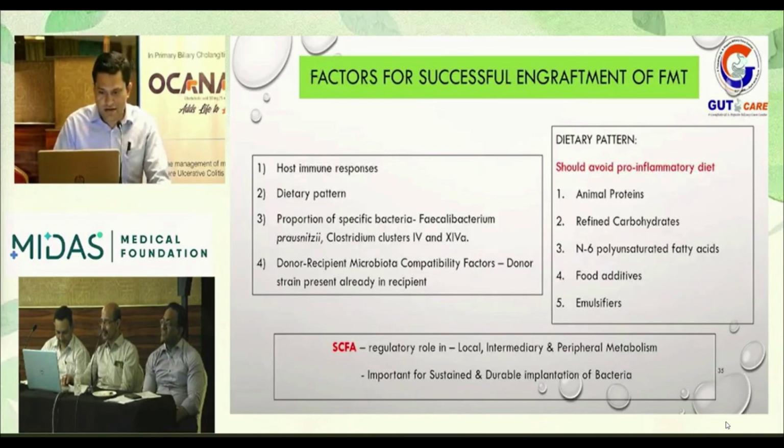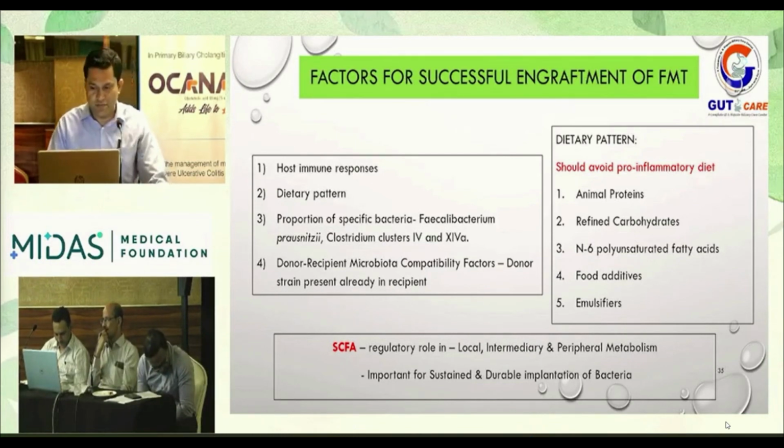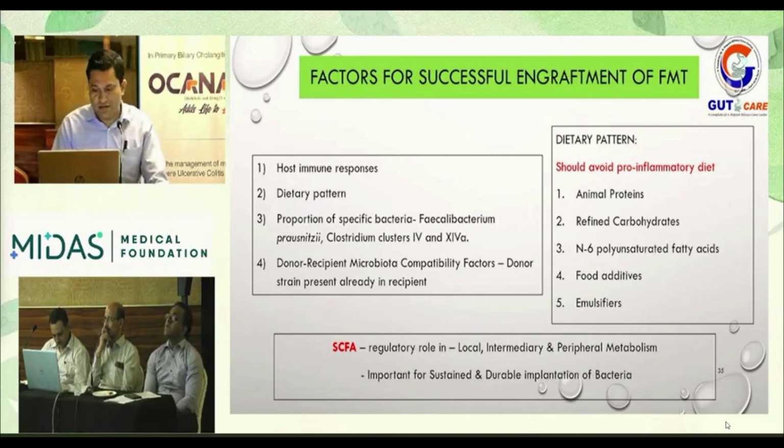So, what are the factors responsible for the successful engraftment of FMT? Post-immune responses. If the host is having a higher immune response, there may be less engraftment. Then the dietary pattern, patient should avoid pro-inflammatory diet like animal proteins, animal fat, dietary fat, and food additives and emulsifiers.